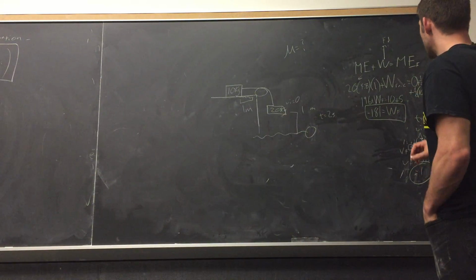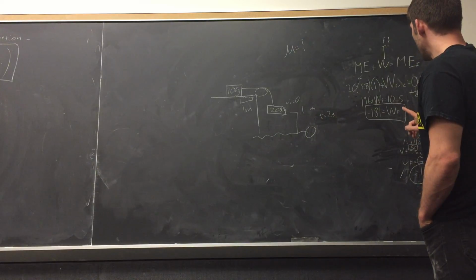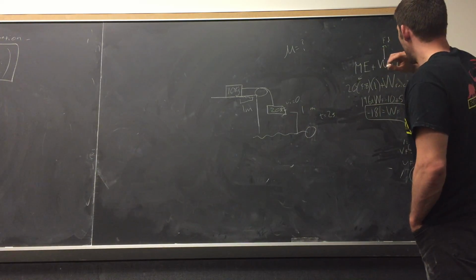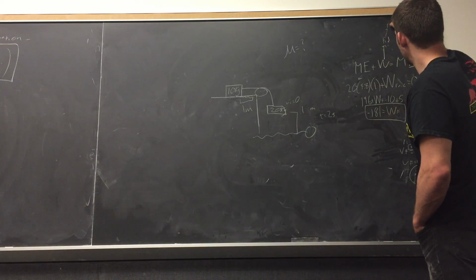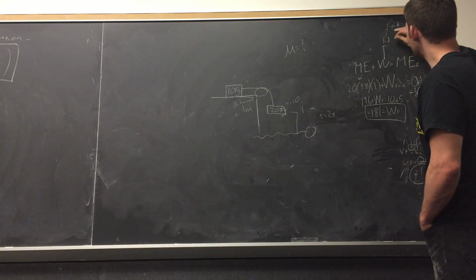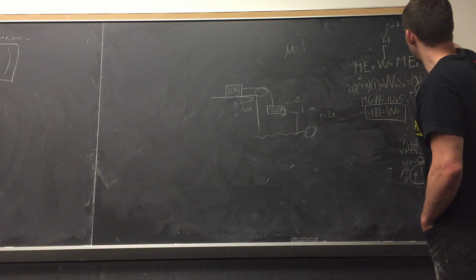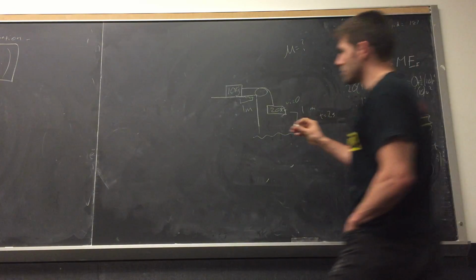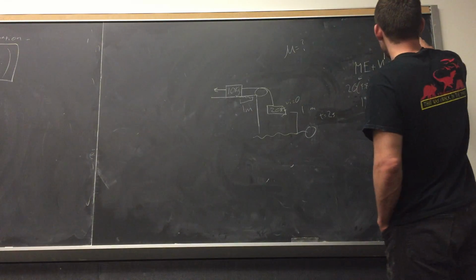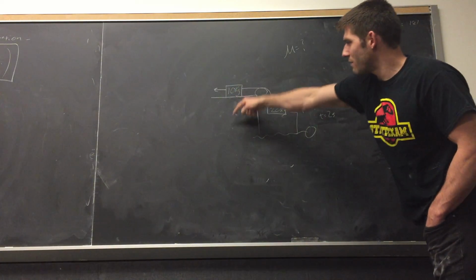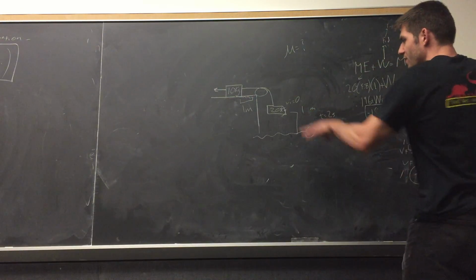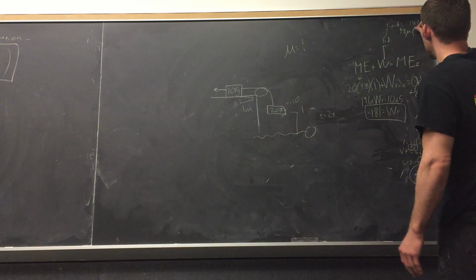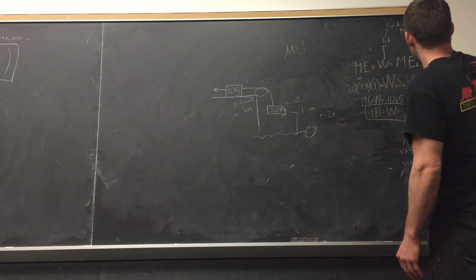So force times distance, the force is the force of friction, and the force of friction is just force normal times mu times d. So force normal times mu times d is negative 181, or we can just say 181. The negative is just telling us that it's moving to the left. So 181, the force normal is, gravity is 98, force normal is 98, so it's 98 times mu. And if this went down 1 meter, that went to the right 1 meter. So it acted for 1 meter is equal to 181.